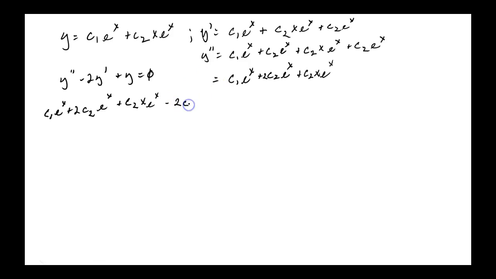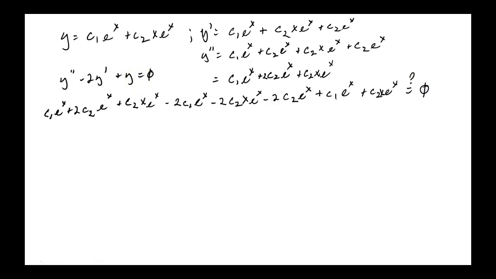So that's going to be minus 2 C1 e to the x, and another minus 2 C2 x e to the x, doesn't matter what order you do these, minus 2 C2 e to the x. Then finally have plus y. Well, the y is up here. That's plus C1 e to the x plus C2 x e to the x. Okay? And supposedly, all this is equal to 0, because that's what it says here.